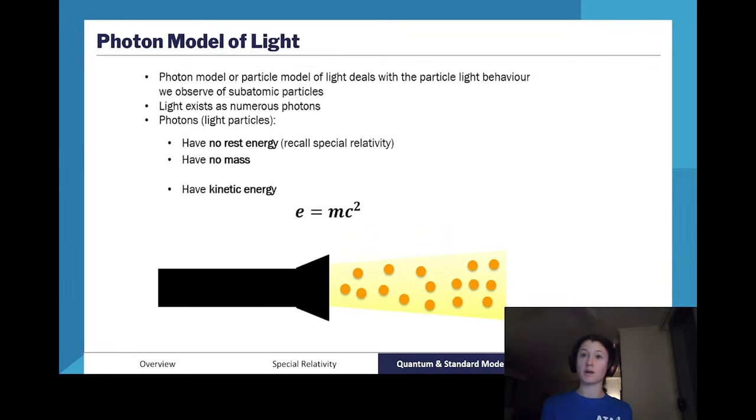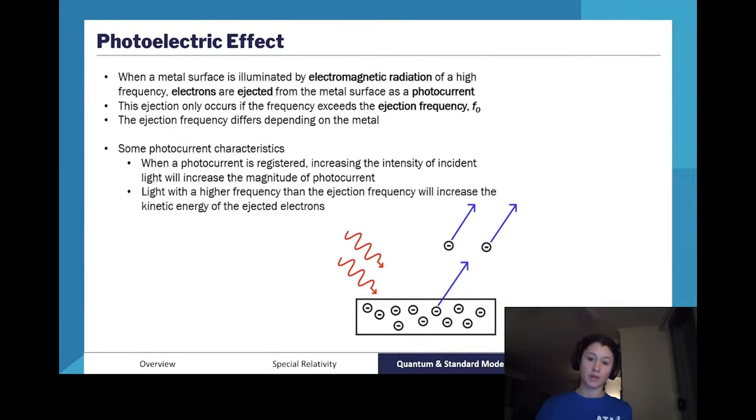Now the last kind of experimental evidence that we learn about when we're looking at the model of light is the photoelectric effect. So this one is particularly interesting. So the photoelectric effect provides evidence for the particle model of light.